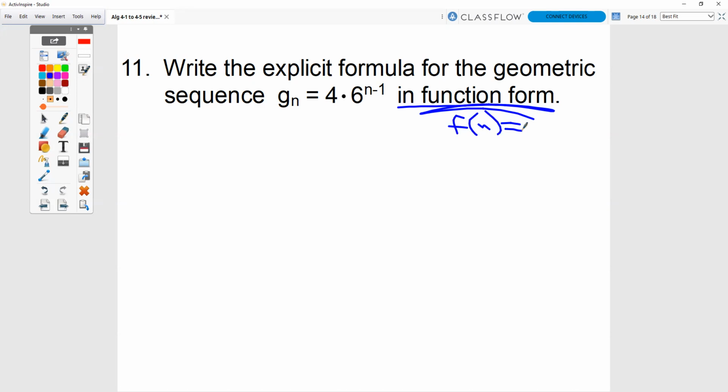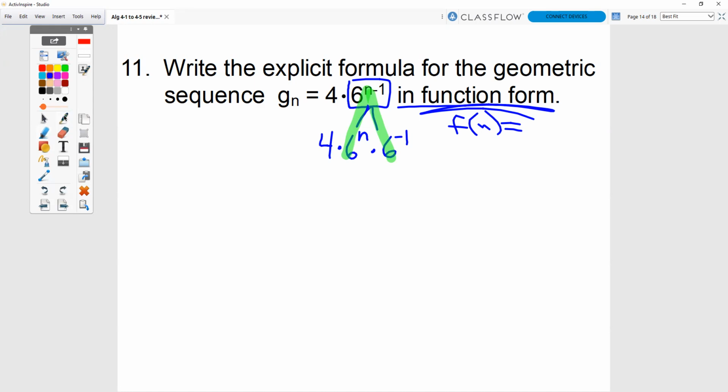What we want to do is take this part right here and separate it into two things, so that we really have 4 times 6 to the n times 6 to the negative first power. We're taking that and separating this into 2, 6 to the n and 6 to the negative 1.